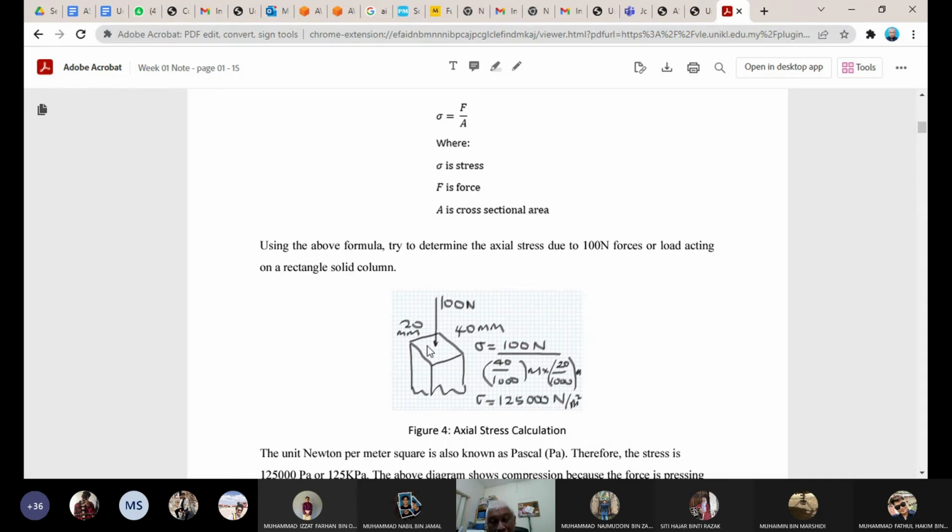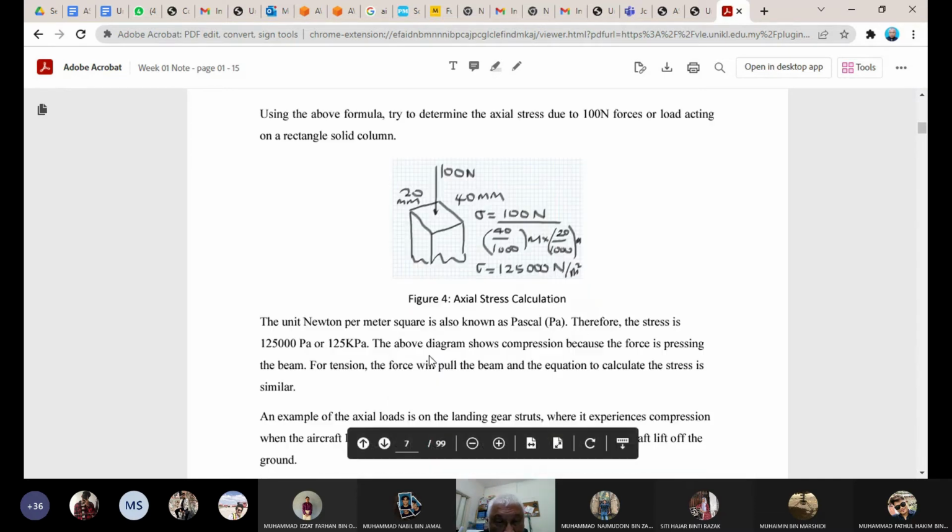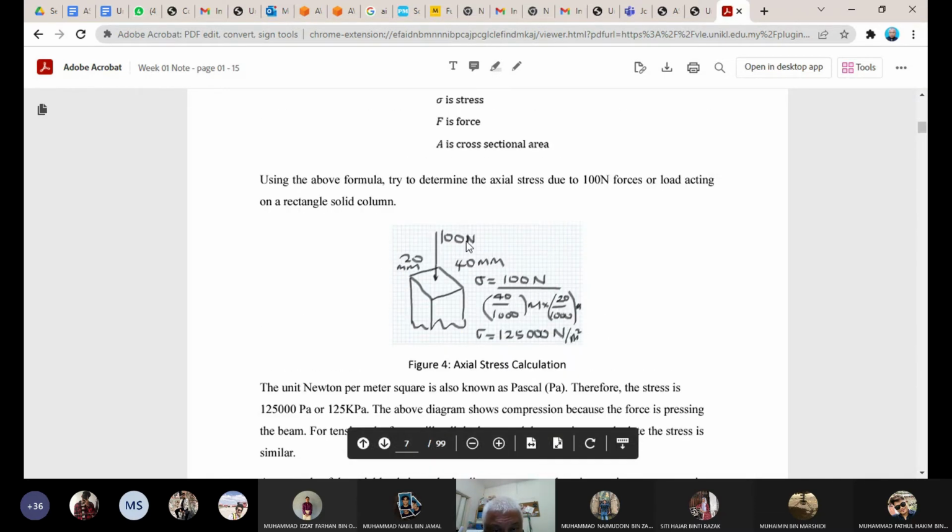In this case, the load is compressing, and we have compressive stress on the part. The unit will be Newton per meter square, which is Pascal. So you see Pa after the number; that is Pascal, that is pressure.